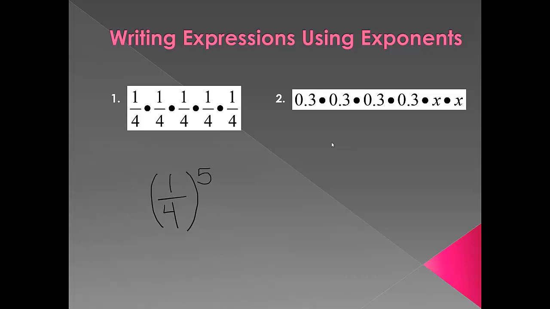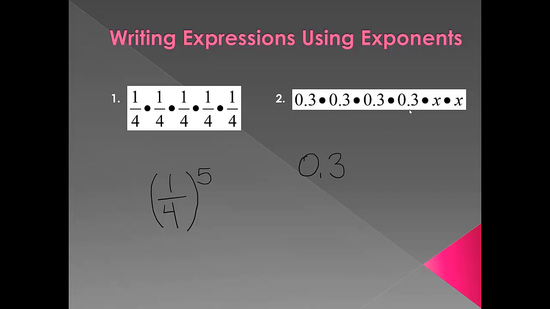For number 2, we have 3/10 times 3/10 times 3/10 times 3/10 times x times x. So we have two different things in this problem. We have 3/10 and we have x. So first we'll start with 3/10. We need to count how many we have. We have 1, 2, 3, 4.